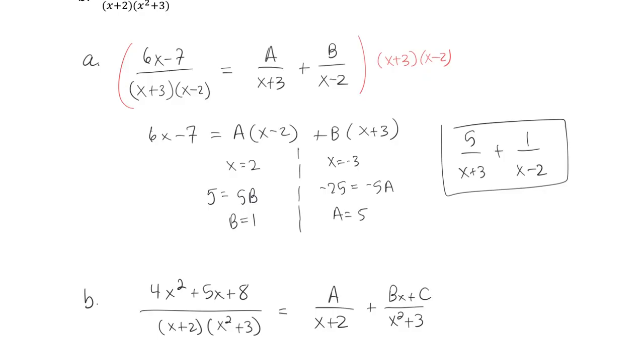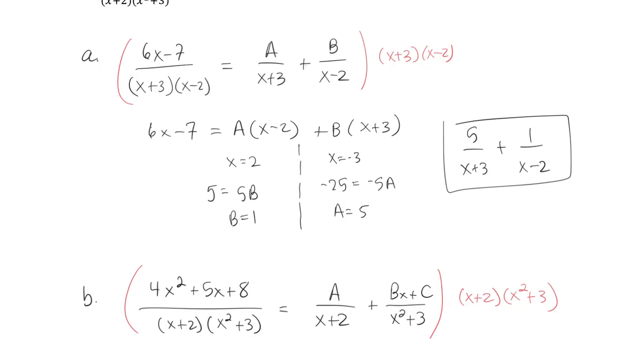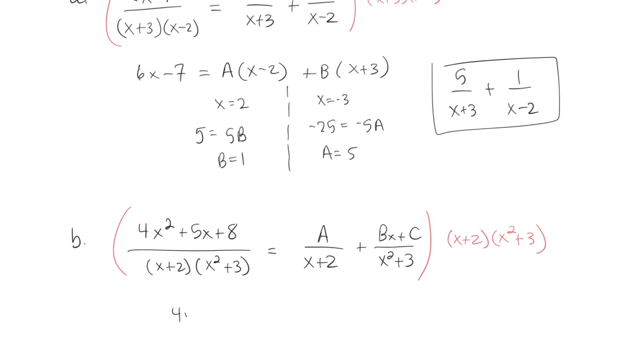Now we're going to do the same thing we did up above. We're going to take this entire equation and multiply it by the common denominator, which is x plus 2 times x squared plus 3. When this multiplies to the left side of the equation, we're just left with the numerator.